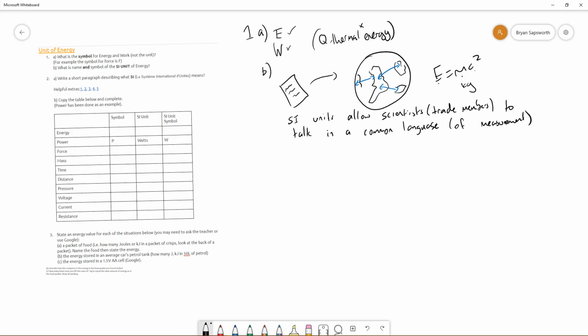I mean, it's very important if, let's say, you were in trade and you're selling a kg of wool to somebody in a different country, and they said, sorry, our kg is slightly different to yours, we think it's actually 900 grams, you might have a bit of a conflict around that, okay? So essentially, it just allows scientists to talk in a common language of measurement, okay?